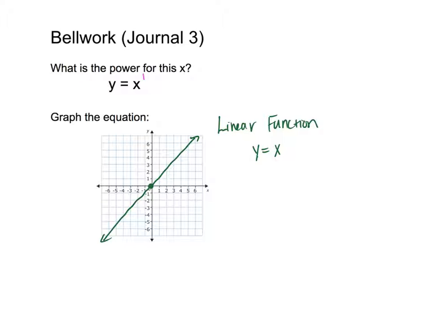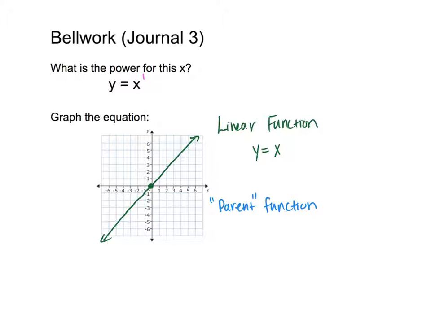Now, because this goes through the origin and I'm showing you this type of function, the linear function, I'm not showing you just any linear function. I am actually showing you what we call the parent. You write that down. The parent function for linear functions.